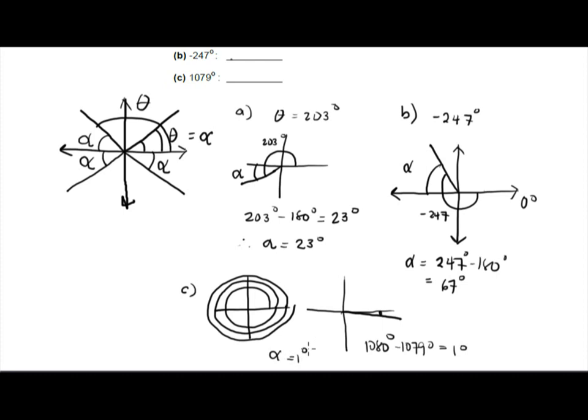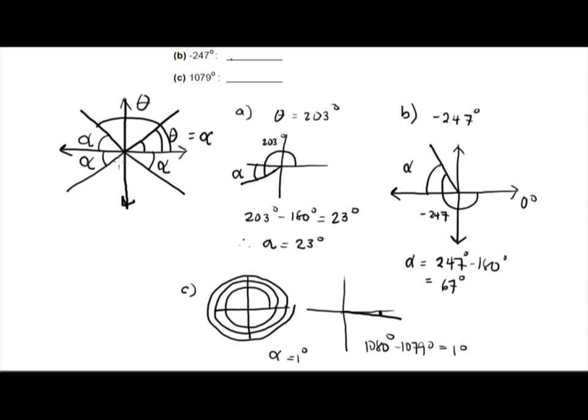So to summarize the solution, the first thing that you have to do is locate the angle first, whatever the given angle is, and then once you have the location, let's take letter B for example, this is the location of negative 247, you need to measure the reference angle, which is the acute angle made by the x-axis and the terminal side.